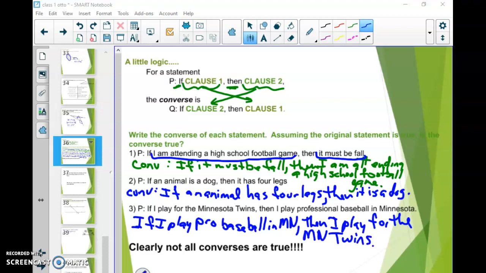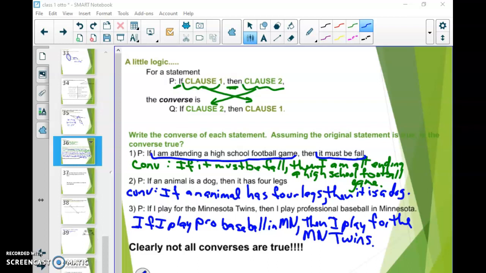Well, we wrote the sentences, but we never looked at the truth or false of the statements. And clearly, not all the converses are true. When you're proving something as a converse and as an original statement, they're two different proofs. Oftentimes you're going to use similar parts, but you have to prove the original statement and the converse separately when you're proving stuff.